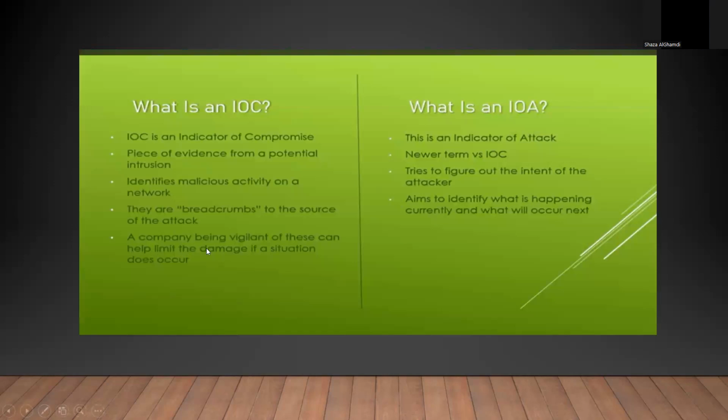So a company being vigilant of these can help limit the damage if the situation does occur. It means that if you are doing proactive work to find this indication of compromise as early as possible, it will help you contain the damage of these attacks.